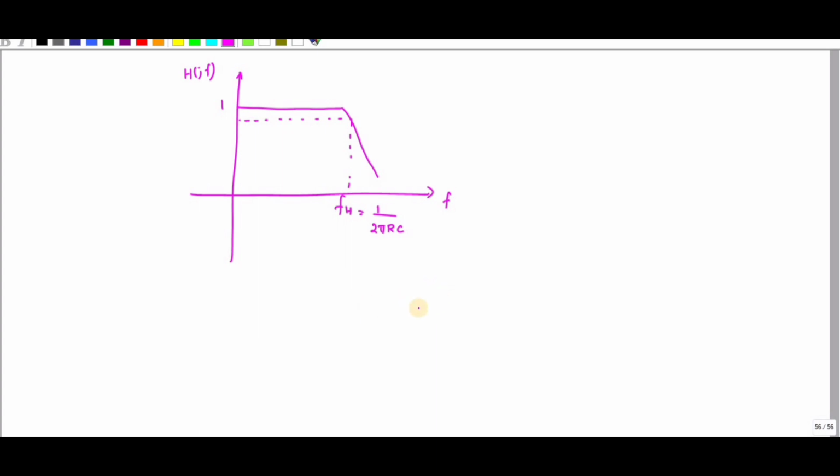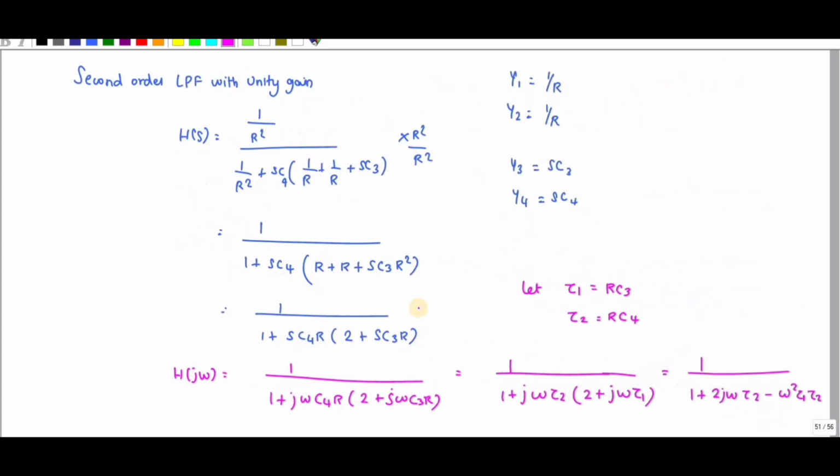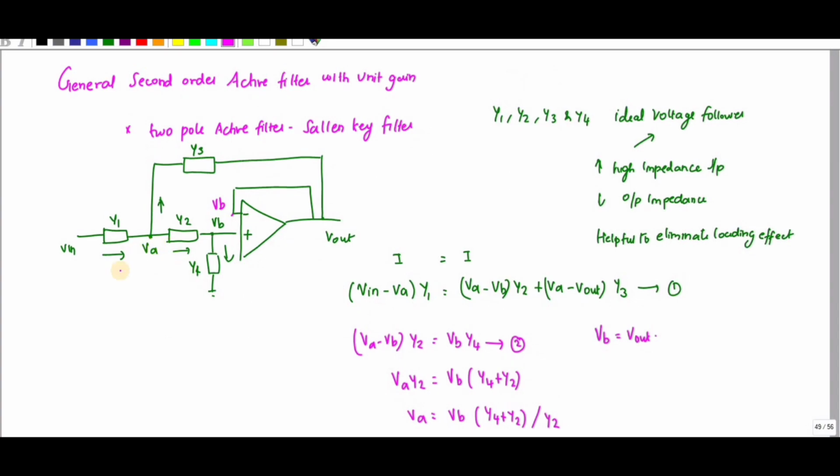So here in the equation, instead of Y1 I can write R, and Y2 I can write R, and for Y3 I can write it as SC3, and Y4 I can write it as SC4. That is nothing but I can connect capacitors here.